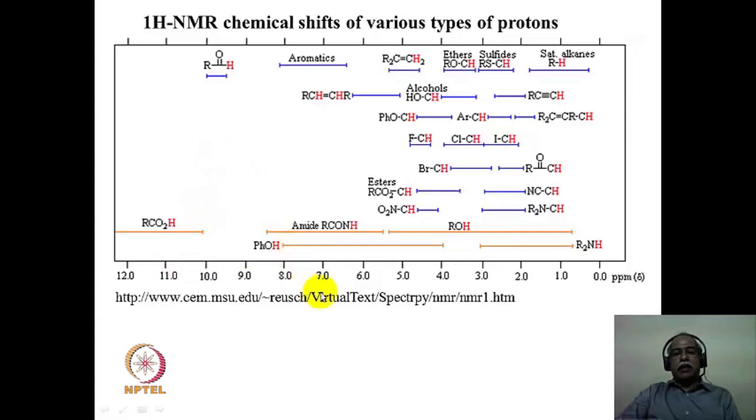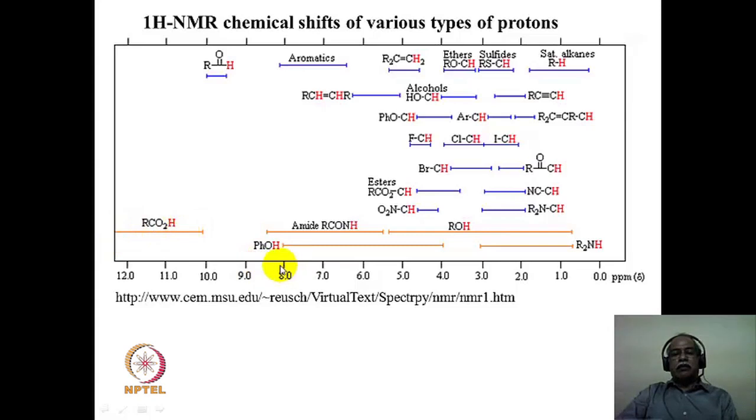The aromatic hydrogens typically come in the region between 6.5 to about 8.5 ppm. The ones that are electron rich in nature, that is endowed with electron donating substituents, will have a shielding effect. As a result of that, they will come in the region of 6.5 to 7.5, whereas those aromatics which are electron deficient or endowed with an electron withdrawing functional group, like the nitro group, will appear in the region between 7.5 to 8.5 ppm.